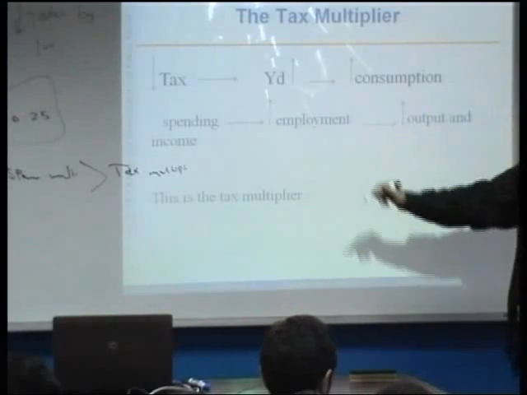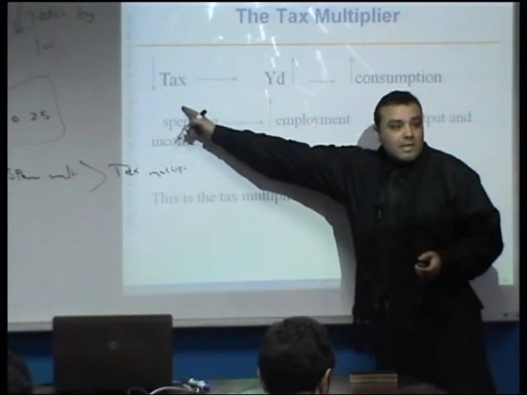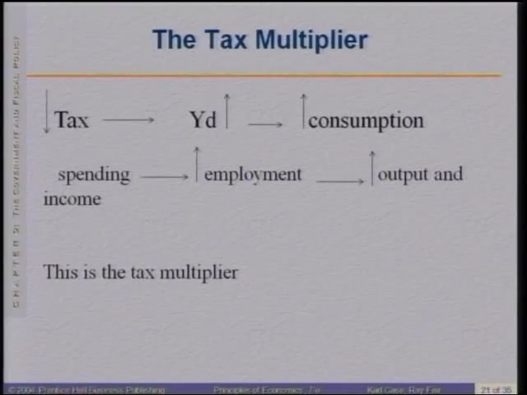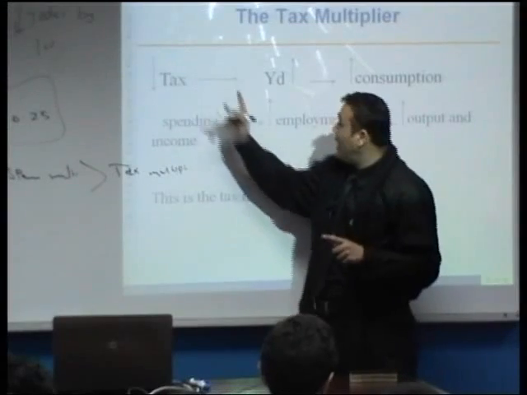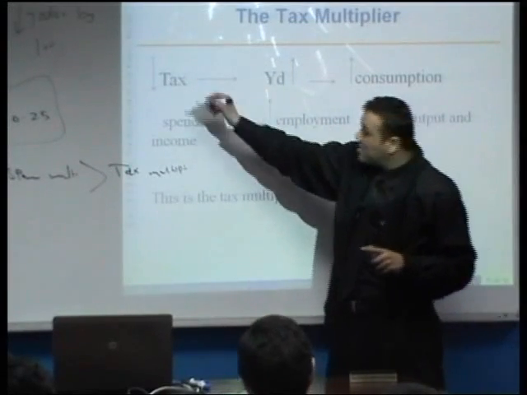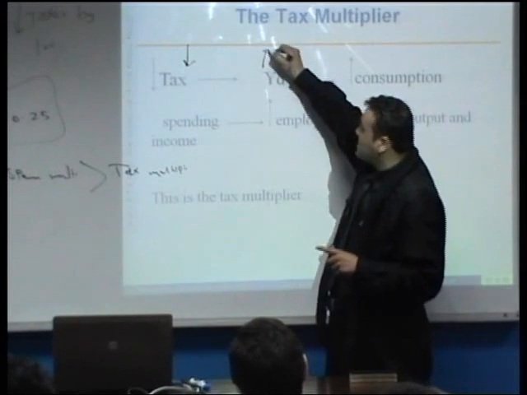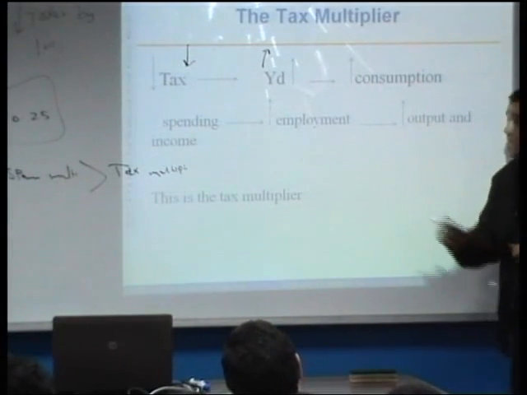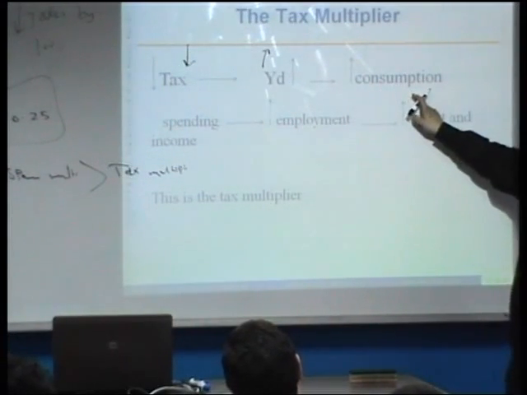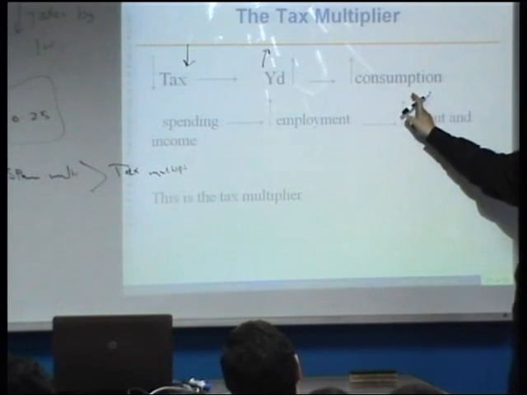As you see, the reduction in taxes leads to increasing the aggregate output. So we have a negative relationship between the taxes and the aggregate output. The decrease in the taxes leads to an increase of the aggregate disposable income, which leads to increasing consumption by the MPC, the marginal propensity to consume.